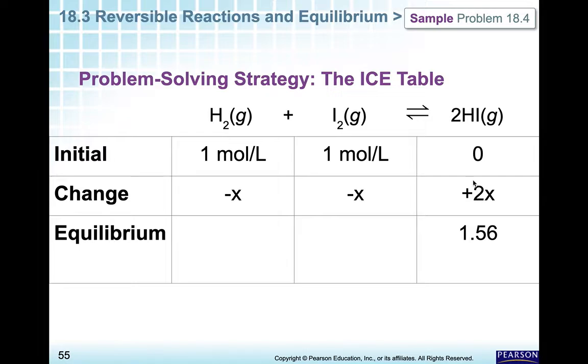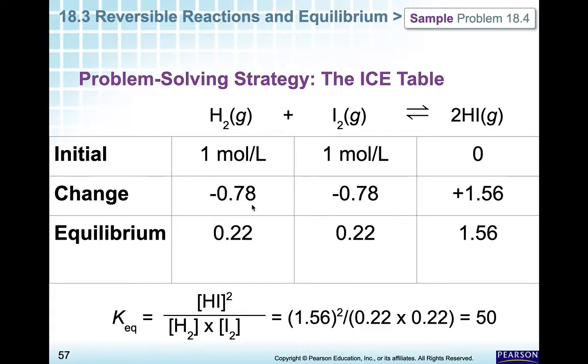Again, I know this box has to be 1.56 because I know how much is present at equilibrium. These boxes change by half of that, and so I've plugged those numbers in here. Now I know what I'm going to get at equilibrium. Again, combining these boxes, 1 minus 0.78 gives me my equilibrium amounts of these two.